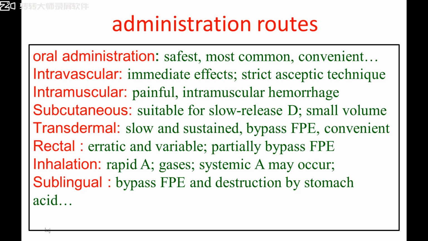An intramuscular injection. This absorption depends on drug diluents. Sometimes it induces intramuscular hemorrhage at the local area of injection. It also leads to pain. And it is suitable if drug volume is moderate.